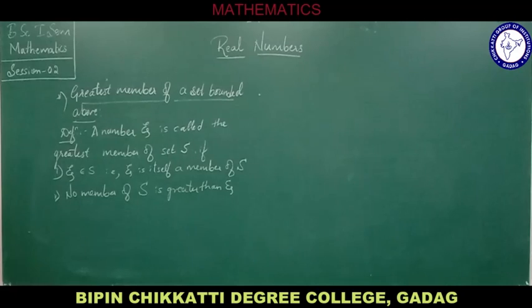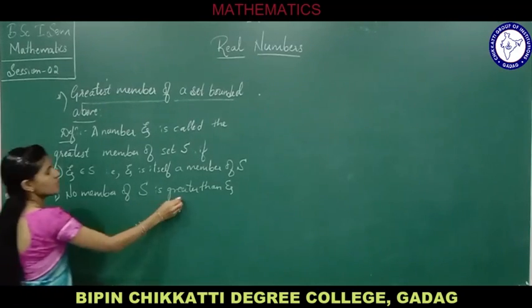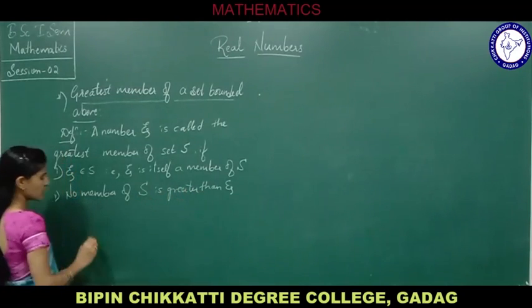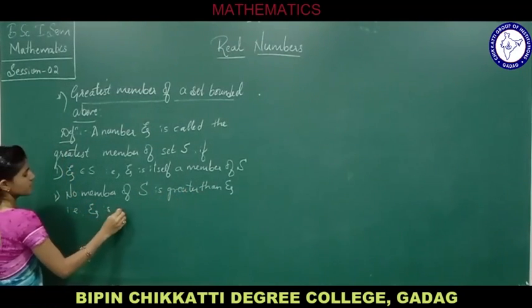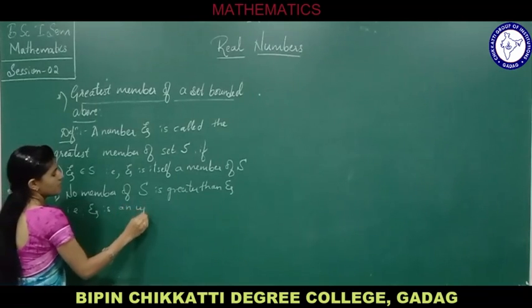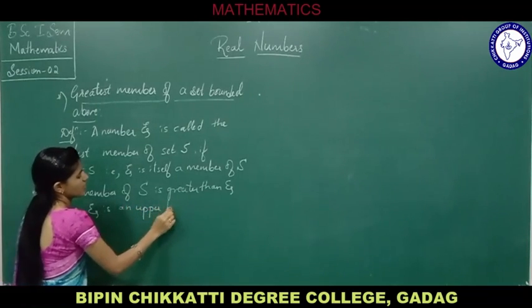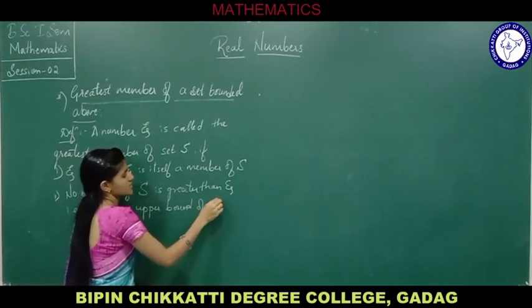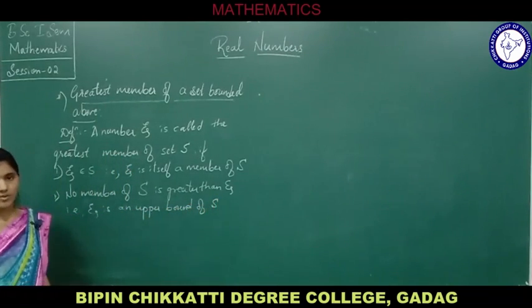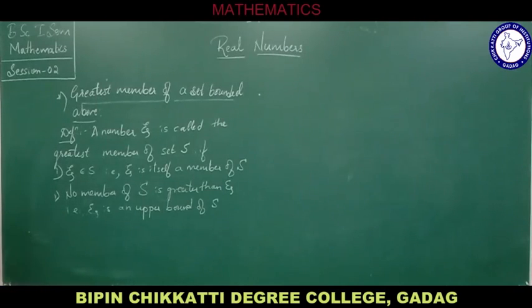That is, epsilon is an upper bound of S. No member of S is greater than epsilon in the sense that this epsilon is an upper bound of S.